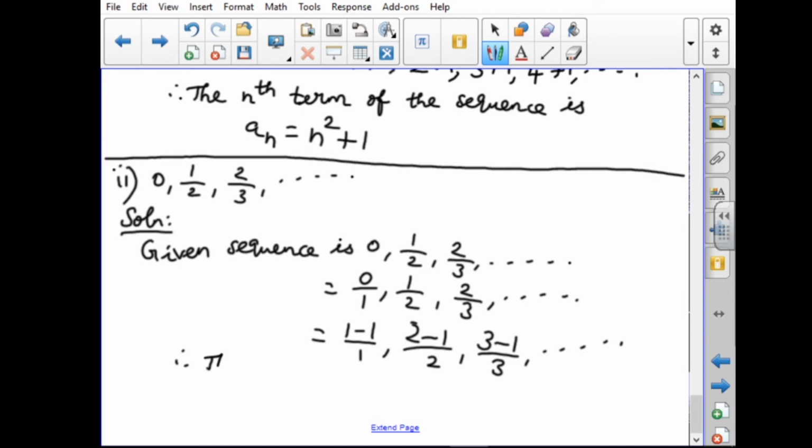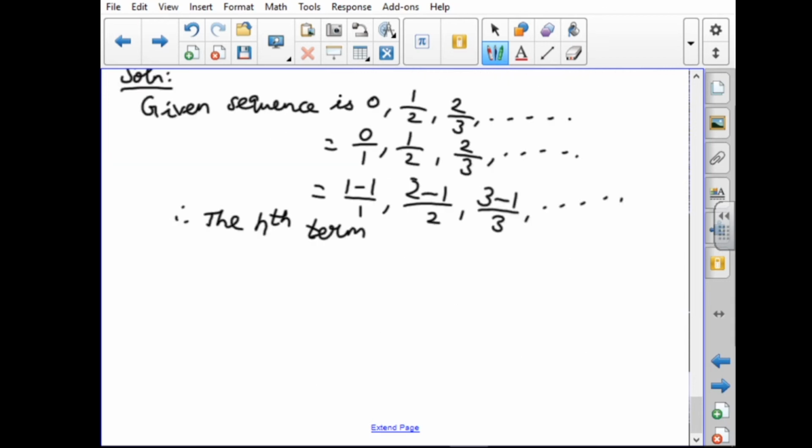Therefore, the nth term of the sequence, nth term means we can write an. An equals 1, 2, 3 like that.